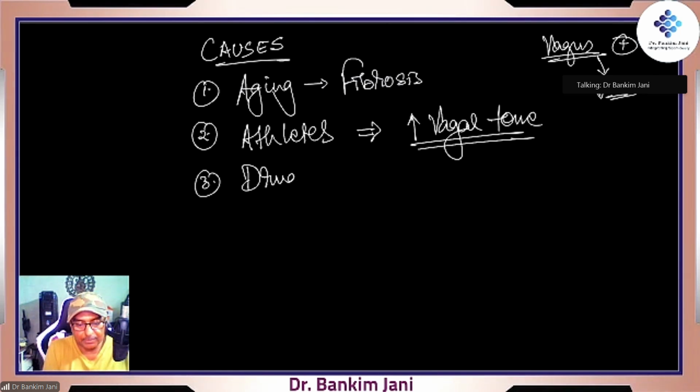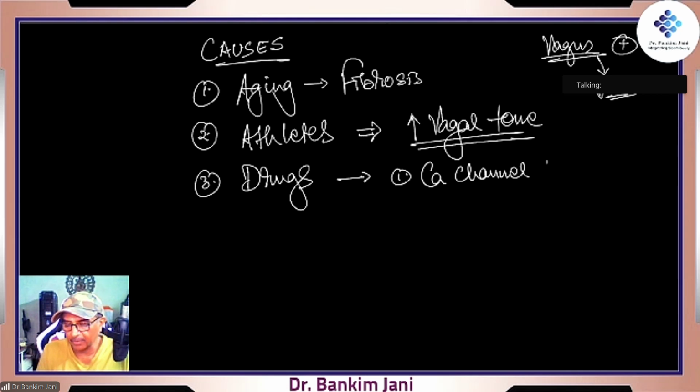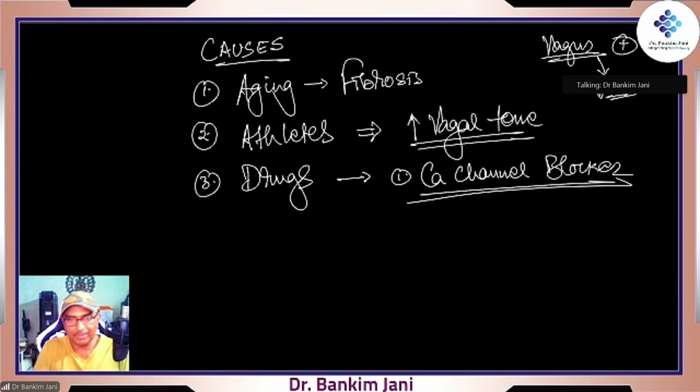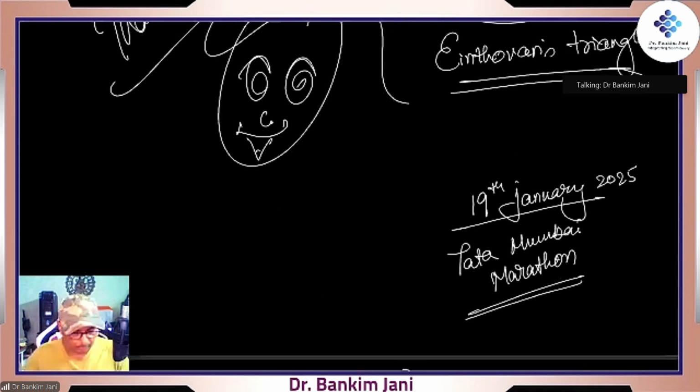Say one, that is the drugs. We'll not go into the detail of the name of the drugs, but one important drug is calcium channel blocker. Why this calcium channel blocker? We know this reason.